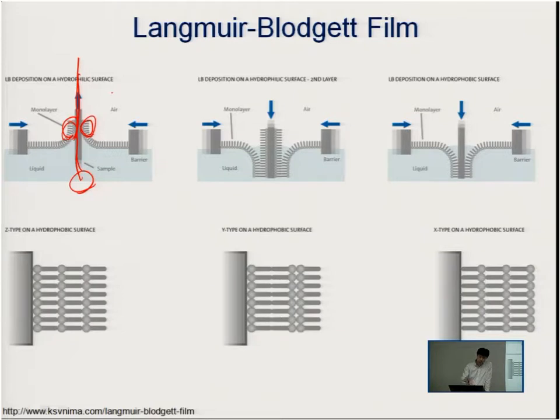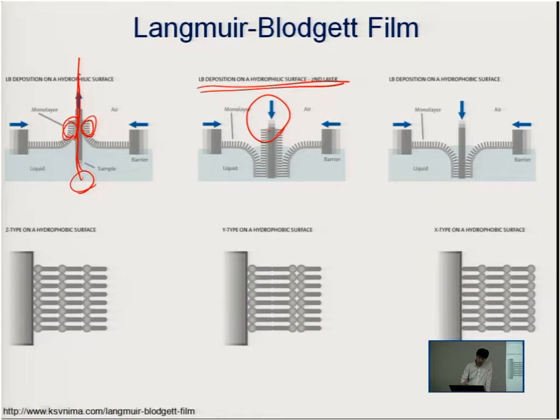And as we put this substrate, with one layer on it, back into the same reservoir, the hydrophobic ends bind together, and in this case you can make a bilayer formation. This is an alternative way.